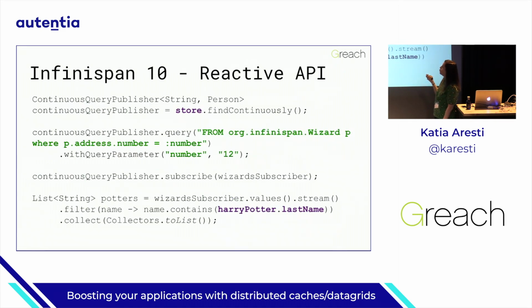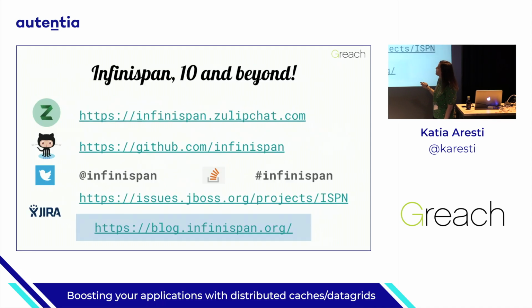For example, for continuous query, we will have something like store find continuously, then I do my query with the query language we have, put in the parameter, and then I subscribe using any subscriber or RxJava or whatever, and then I can work in a reactive way. That's something we are working on just now.